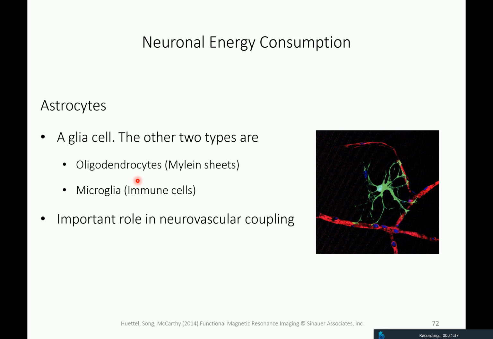Now the astrocytes actually have an important role in vascular coupling, which we will supplement with further details later on.